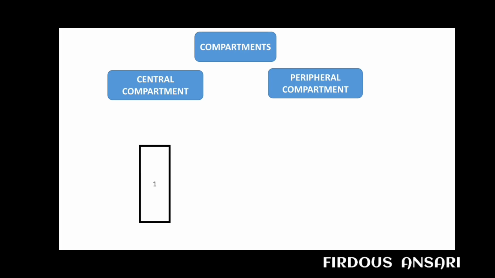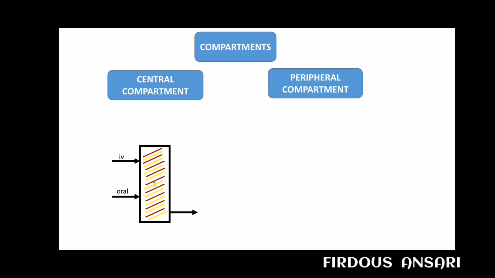Now suppose this is compartment number 1, that is the central compartment. So in the central compartment we have blood. Drug can be given via the intravenous route or via the oral route. Okay, so the drug goes in the blood and it will maintain an equilibrium with it. Next, from here if we calculate the elimination, then it will become just a one compartment model.